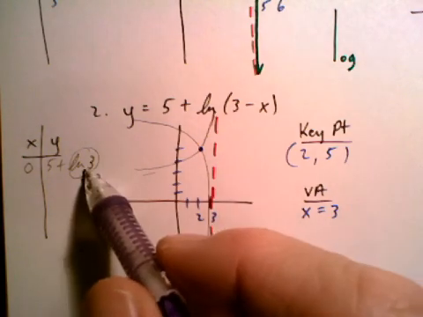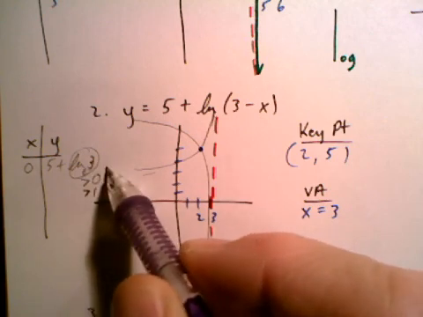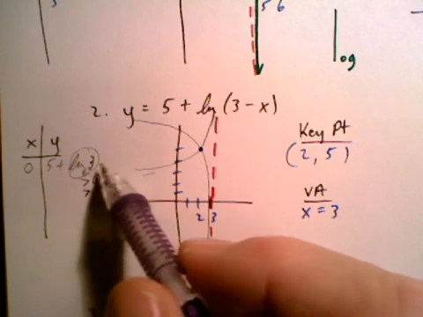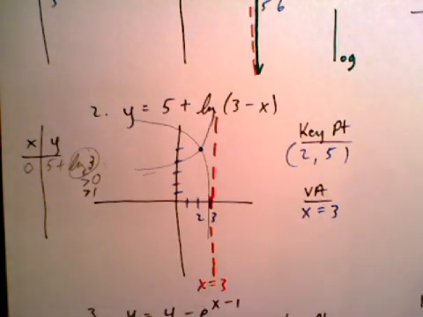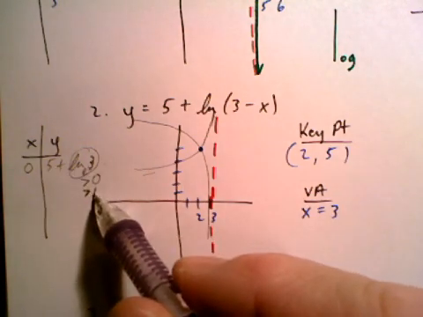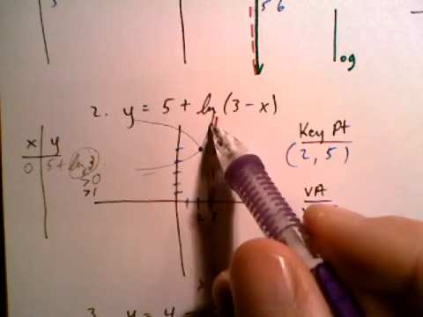ln of 3: e to some power is equal to 3. That power has to be bigger than 1 because e is less than 3, and 3 to the first is 3. I'll let you think about that. But 5 plus a number that's greater than 1 is going to be bigger than 5. So remember our two options.